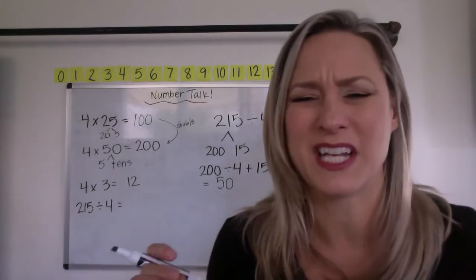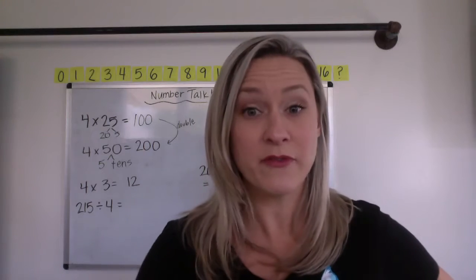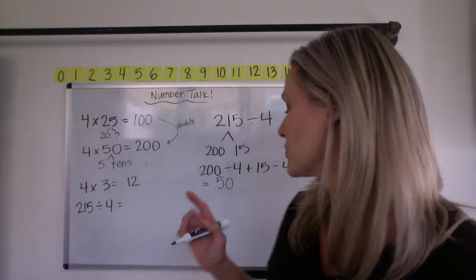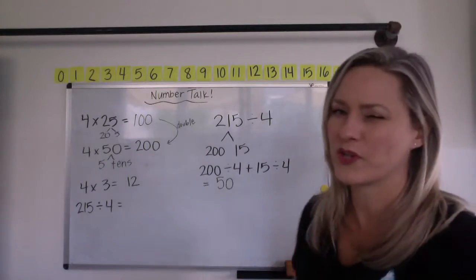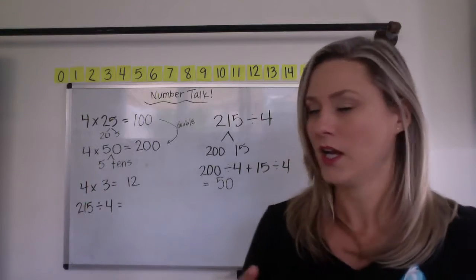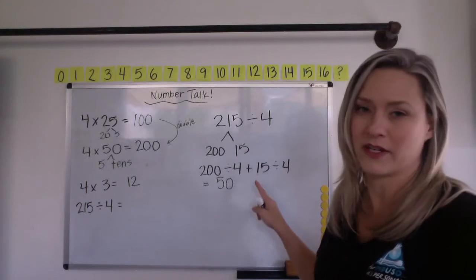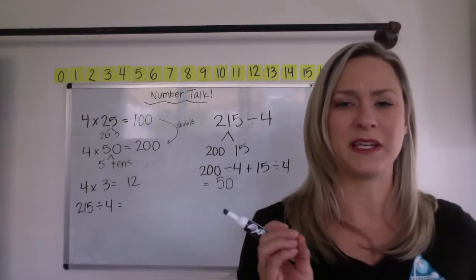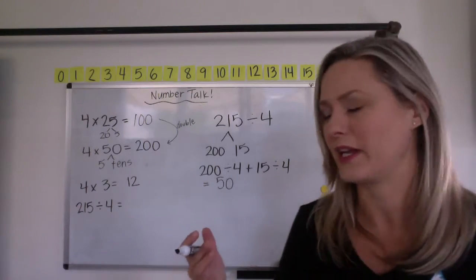15 divided by 4 is not as easy to do as 12 divided by 4 because that'll give us an even response, right? An even quotient. So 12 divided by 4 is 3. 16 divided by 4 is 4. So that means this is going to give us a remainder, right? If we have 15 things, we can't put them equally into 4 groups. We're going to have some remaining.